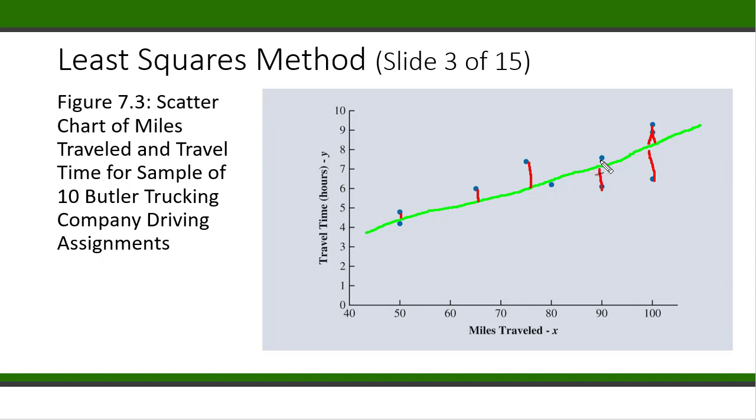When that distance is squared, we want to minimize it, and that will give us the best line. Right? So that's why it's called least squares.